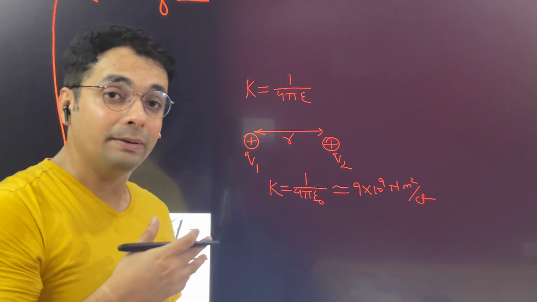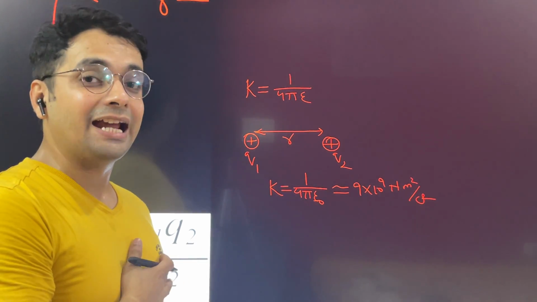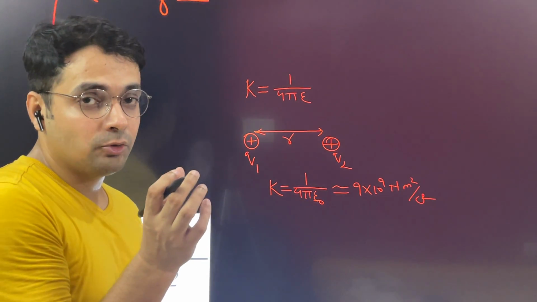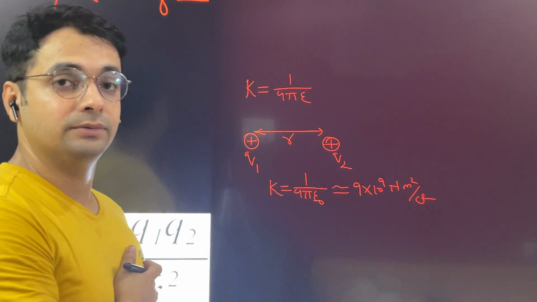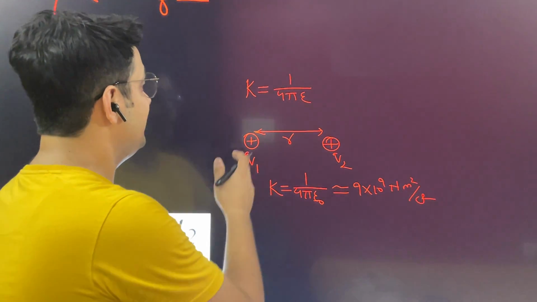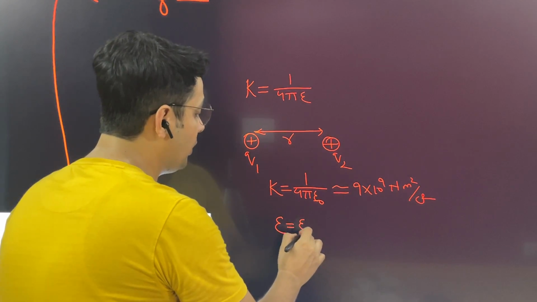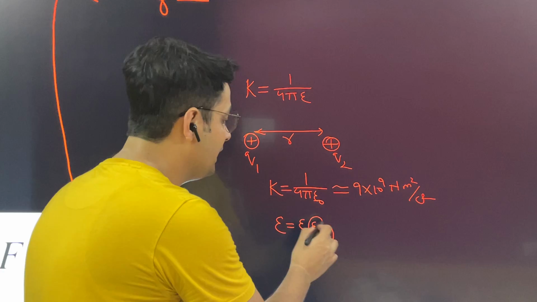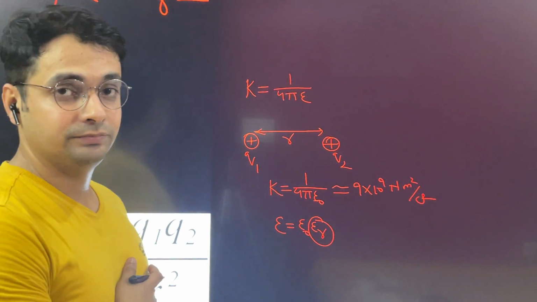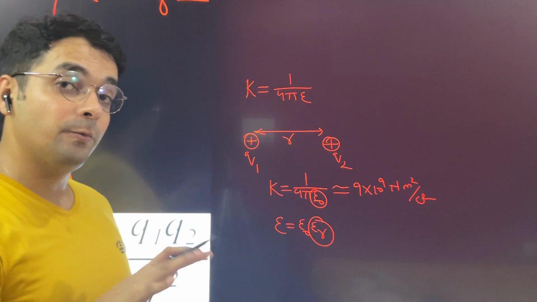But if you keep any medium between these two charges, then the net interaction force between these two charges will be reduced. It means here this E value you can write as epsilon naught epsilon R, where epsilon R is the relative permittivity. Here epsilon naught is the permittivity in free space.